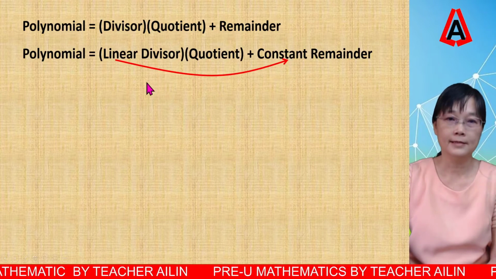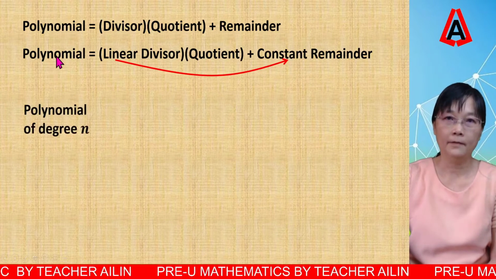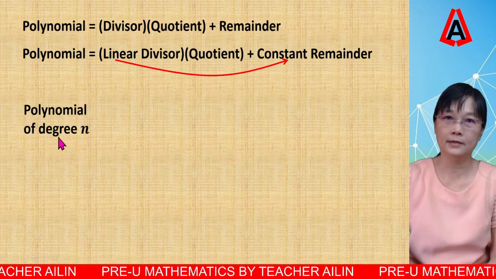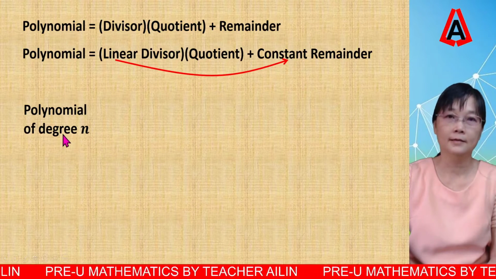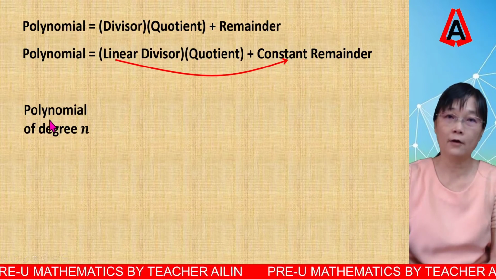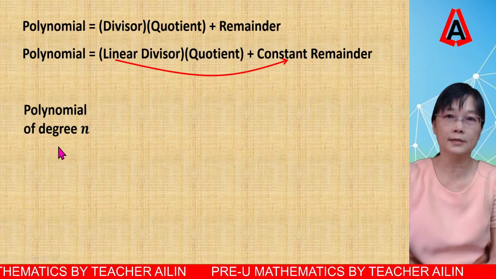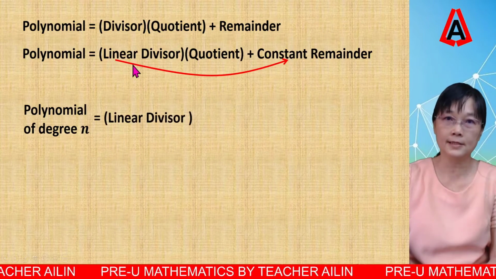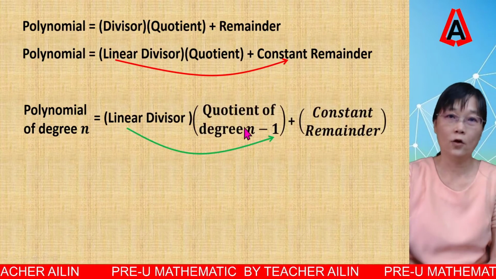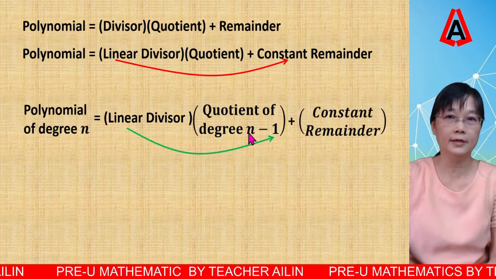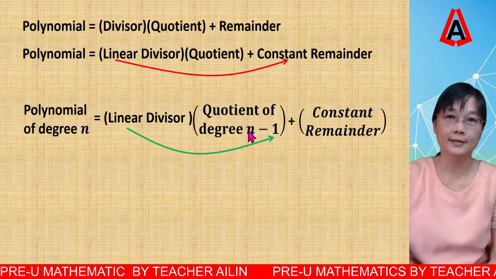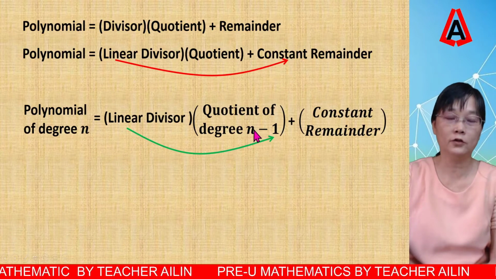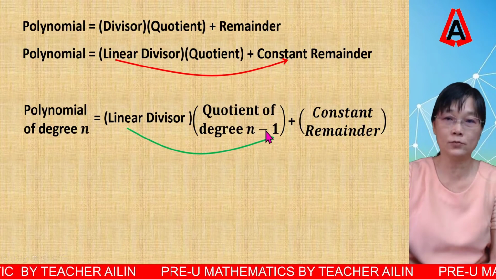And at the same time, if the polynomial is in degree of n, that is, the highest power of the polynomial is n, and the divisor is linear, then the quotient is in degree n minus 1. That is, the highest power of the quotient is n minus 1.